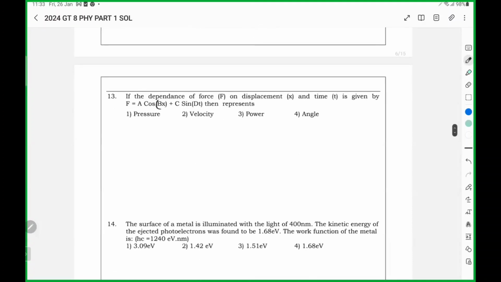Here, angle has no dimensions. Then something is missing here. I think d by d represents dx, which has no dimension. X is measured in length, so the dimensional formula is L inverse. Similarly, dt has no dimensions.